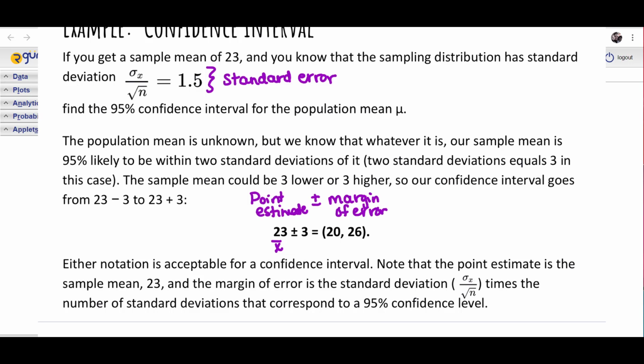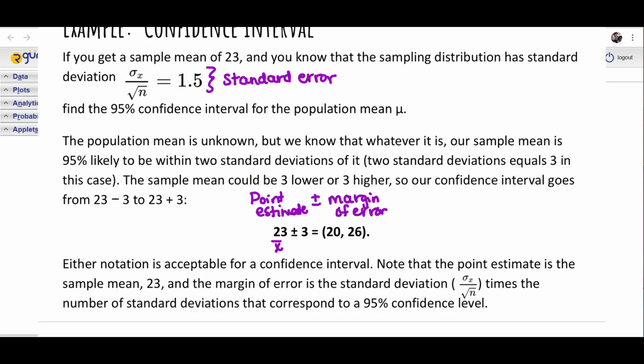So how do we find the margin of error? You find the standard deviation, which in this case is the standard error, because we have to use the central limit theorem since we're dealing with a sampling distribution, the distribution of the sample means. The standard deviation of the sample means is 1.5. So how far out do you go for 95% of the data?